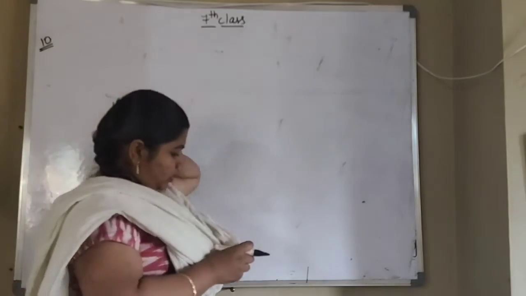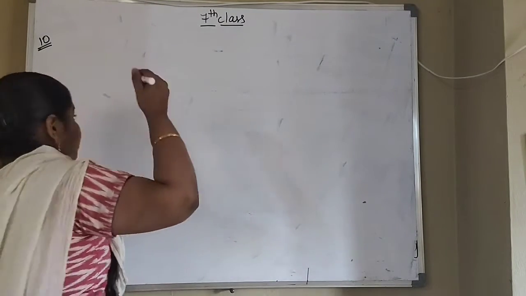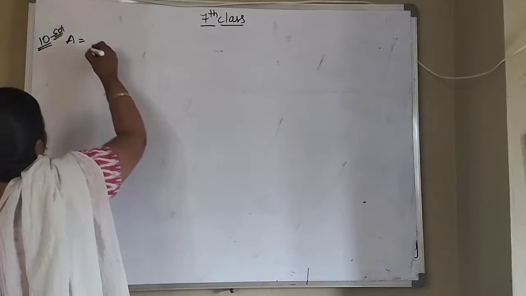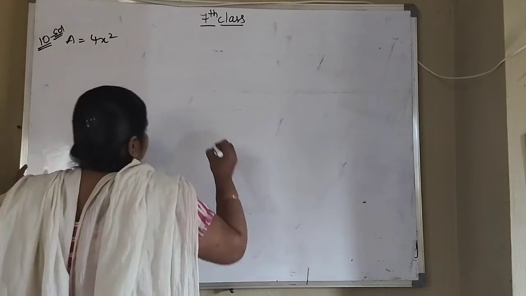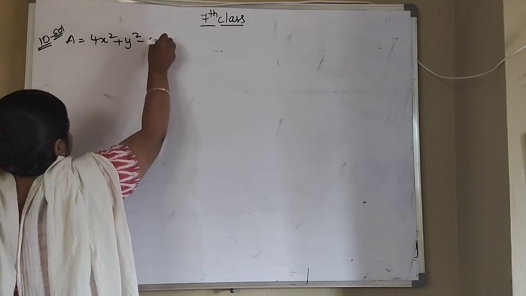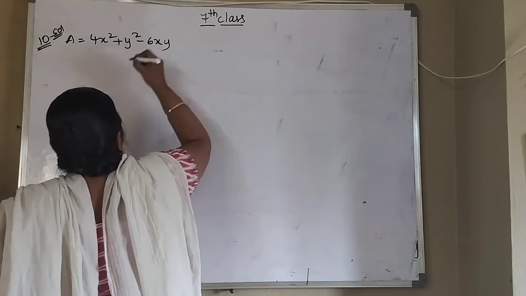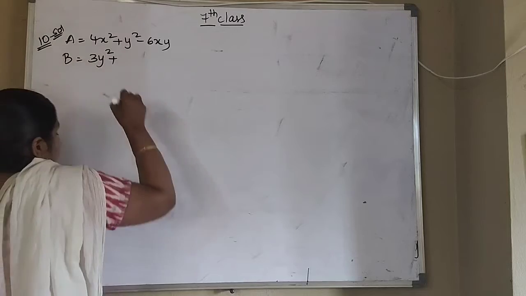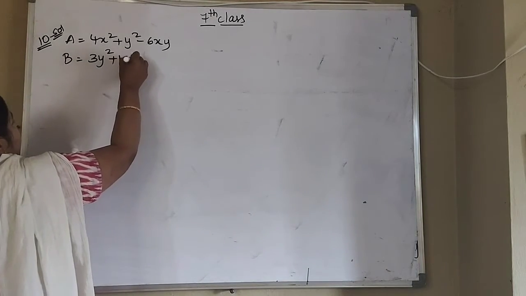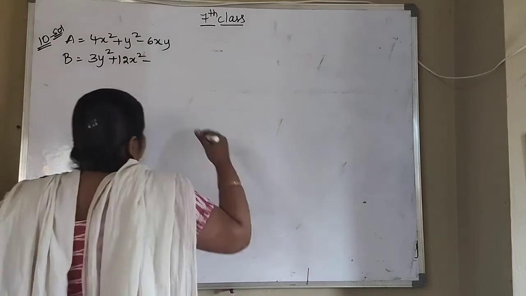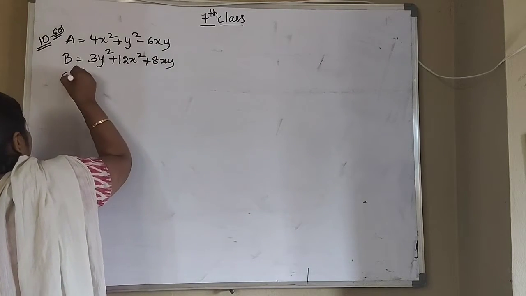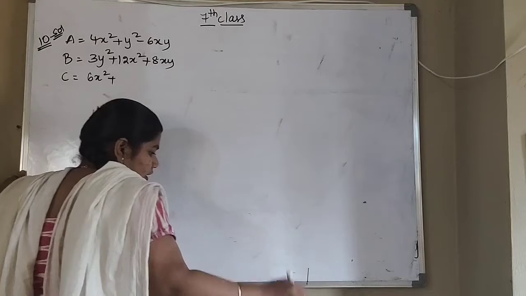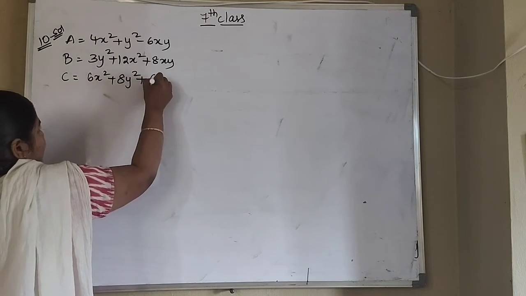So what they have given? Three expressions: A value, B value, C value. A value they have given as 4x square plus y square minus 6xy, and B value they have given as 3y square plus 12x square plus 8xy, and C value they have given as 6x square plus 8y square plus 6xy.